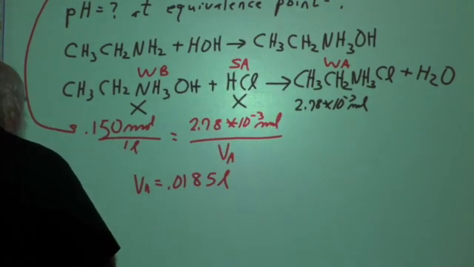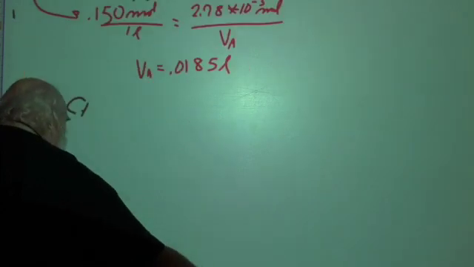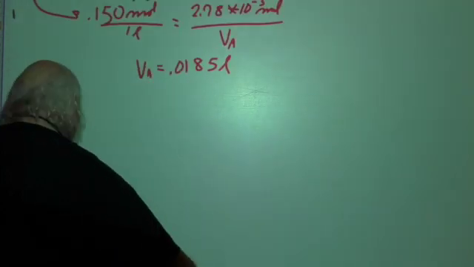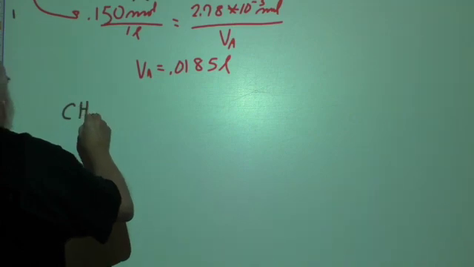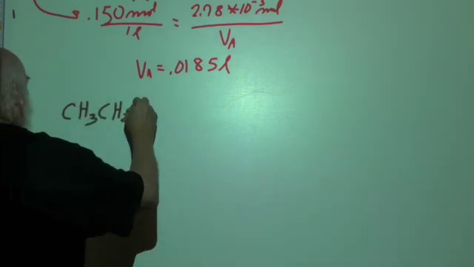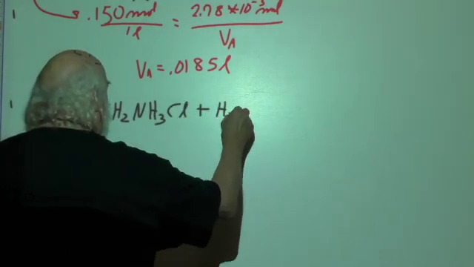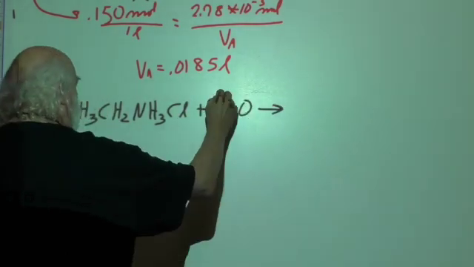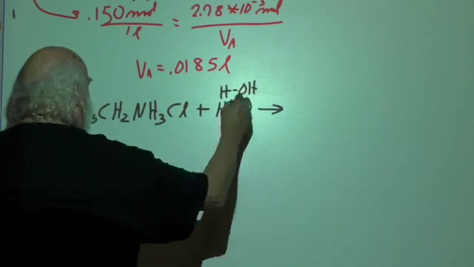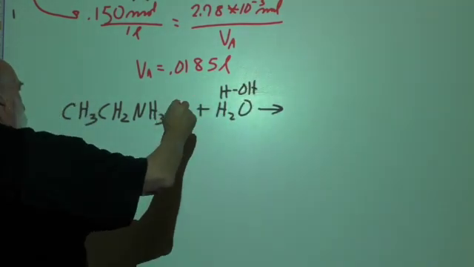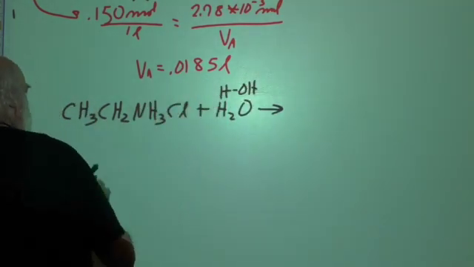So we've got CH3CH2NH3Cl plus H2O yields, and think of the water as HOH. The H and OH and Cl are going to switch.